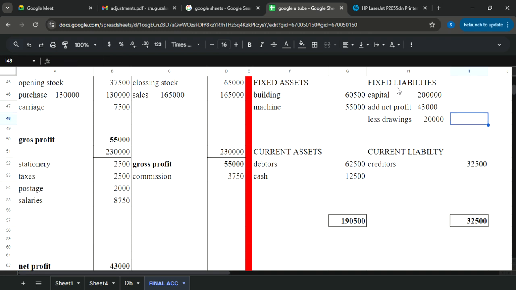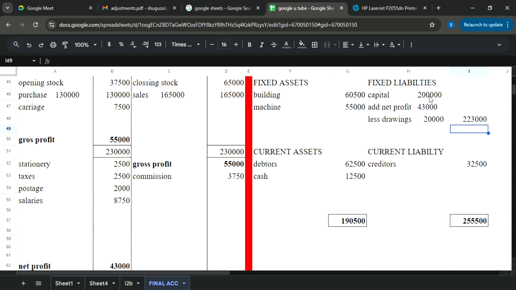Finally, we are going to calculate this. First, capital 2 lakh, 2 lakh capital plus net profit, which is 43,000, and then subtract drawings 20,000.